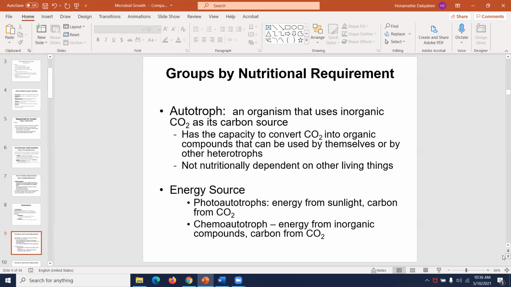All right? So if we want to subgroup these organisms: photoautotrophs derive their energy from the sunlight, and carbon dioxide gives them their carbon source. Chemoautotrophs get energy from inorganic compounds and carbon from carbon dioxide. Point is, though, they are not going to be dependent on you for food, and hence they will not be pathogens to you.